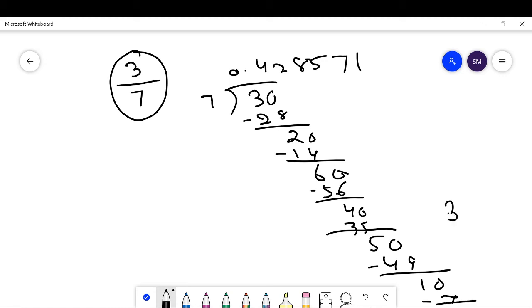Next 30, 28. These things get repeated again and again. This is not a terminating decimal number.